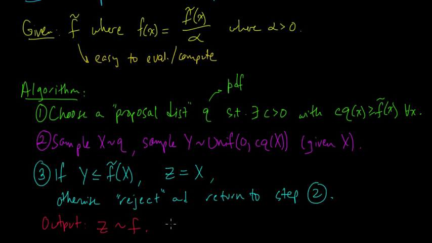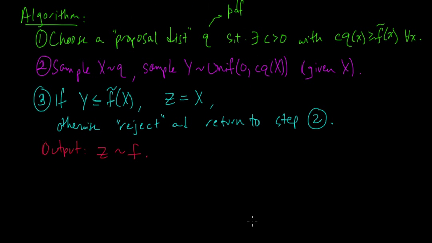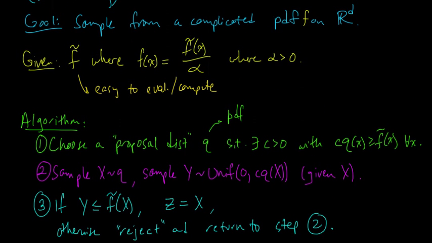So first, before we do that, let's think about the intuition of what's happening here. Let's draw a nice big picture. So the proposal distribution is Q. Actually, first let's draw F and F tilde.